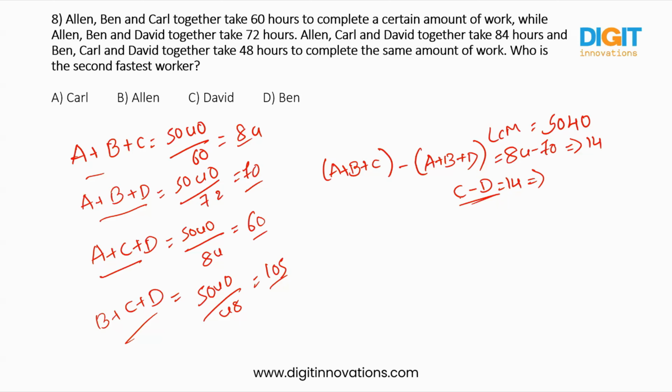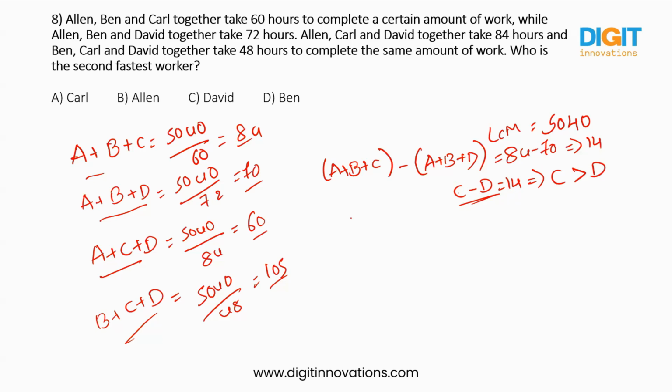If we subtract from a small value a big value, you'll get the negative value, but here you are getting positive value. So that means by this we can say C is greater than D, right? Okay, so this is one.